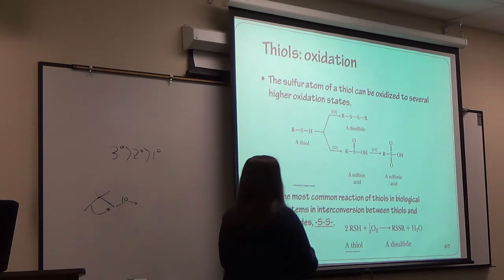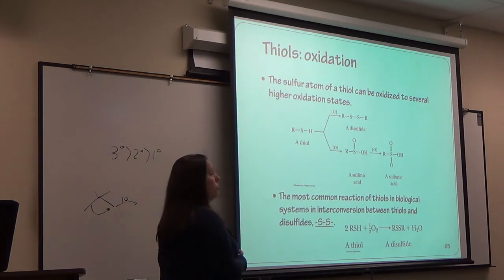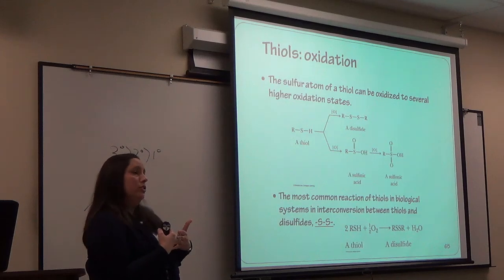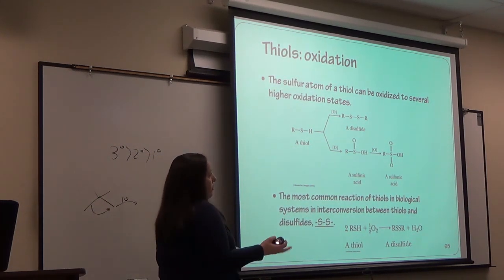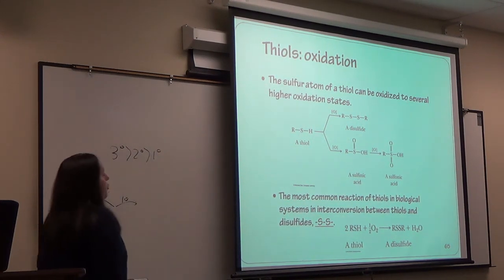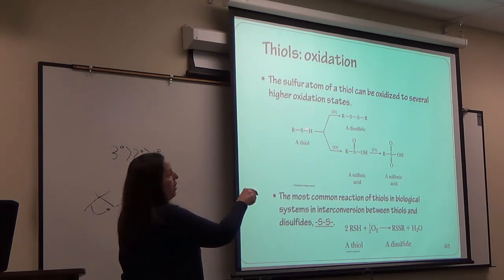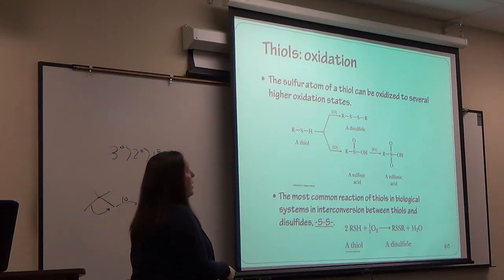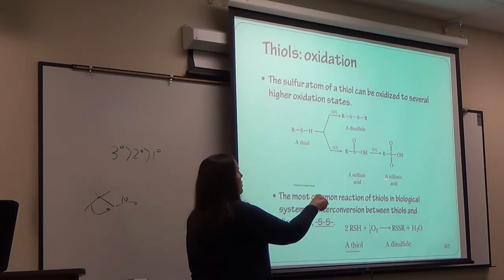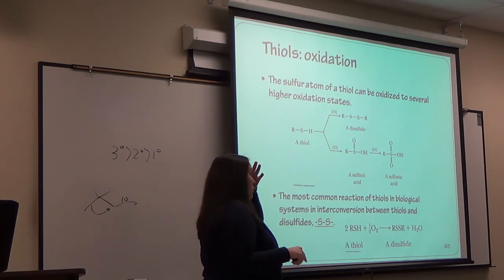And that's really important in protein structures. It holds that structure, the secondary and tertiary structures of proteins. So that's basically taking 2 of the thiols and making the disulfide. You can also oxidize to the sulfonic acids. So there are different oxidizing agents that can do that as well.